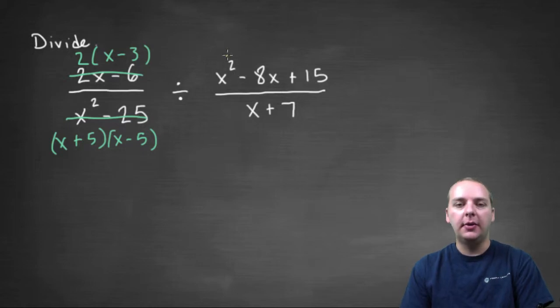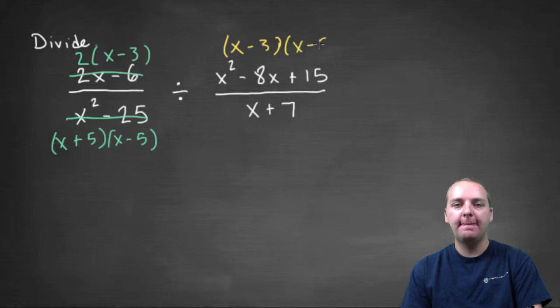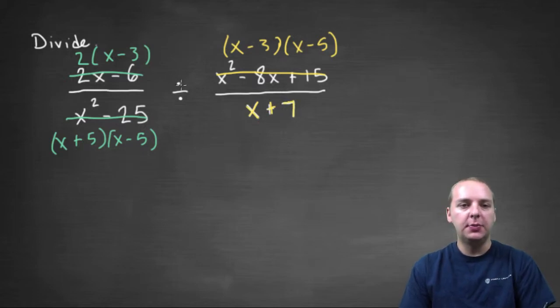We would have x squared minus 8x plus 15, which is x minus 3 times x minus 5. And x plus 7 doesn't really need any factoring. It's just a linear expression.